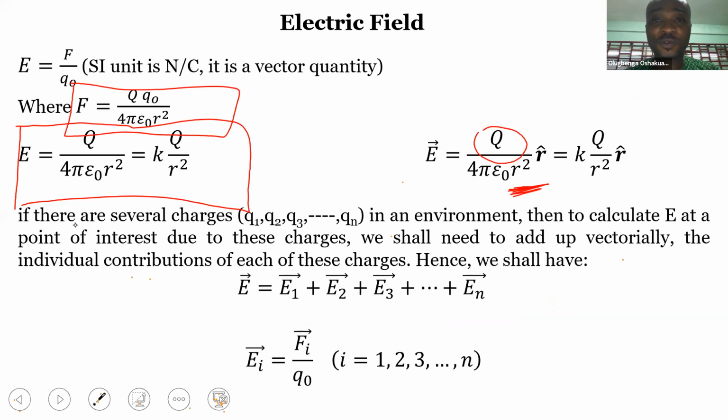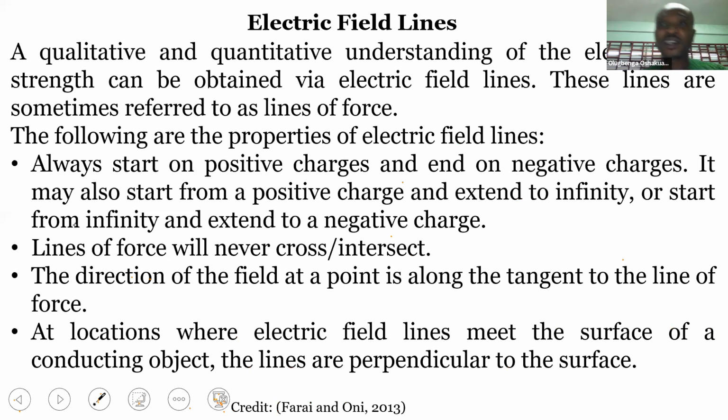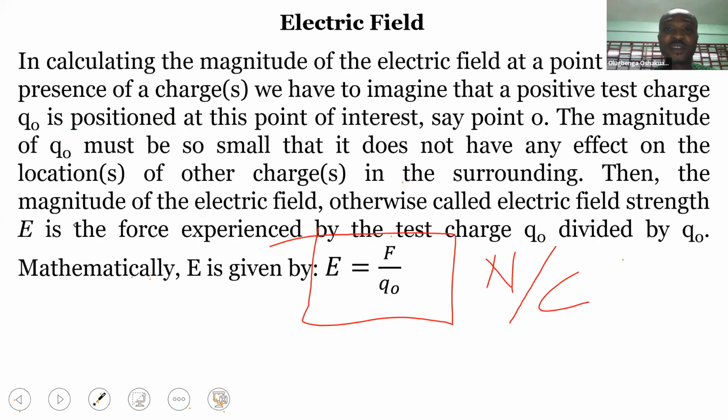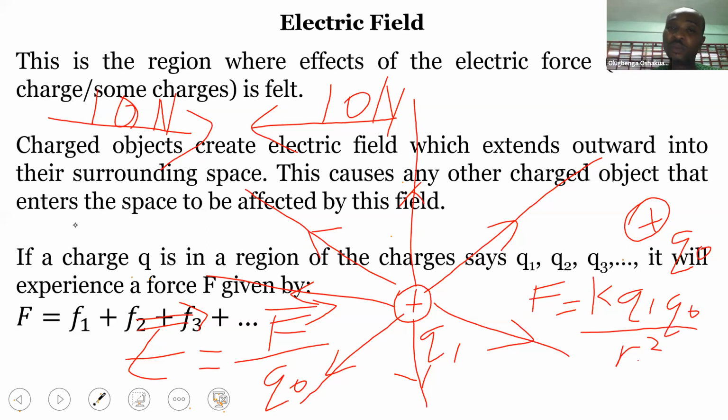So let's move on. Okay, you still have this data to read. So when we're talking about electric field, just like I've tried to describe here, we describe electric field with lines, and those lines have rules. They don't intersect each other.